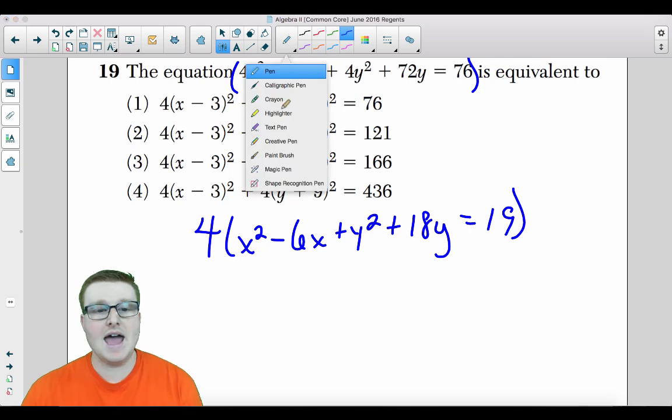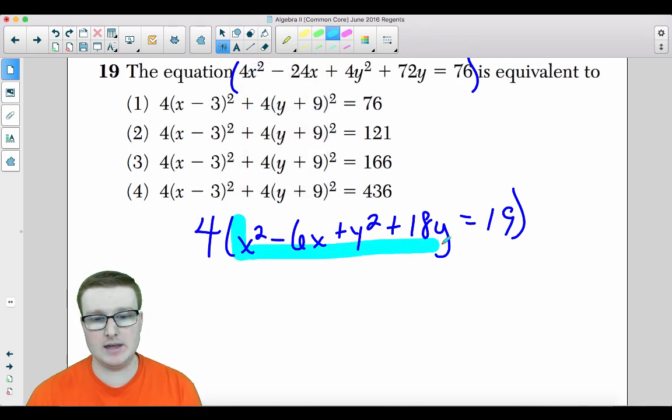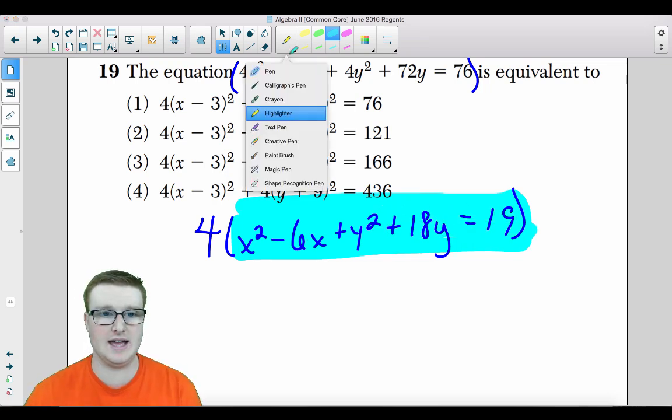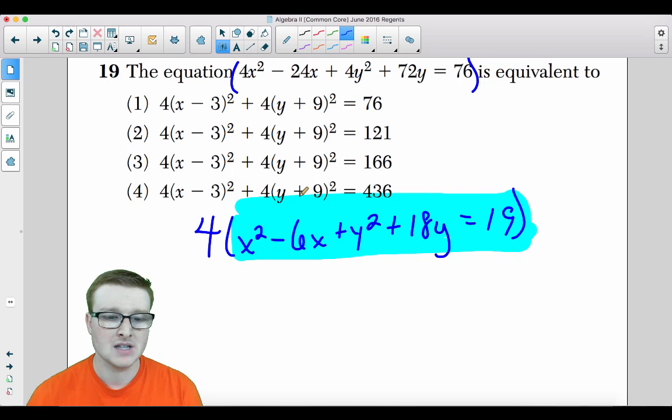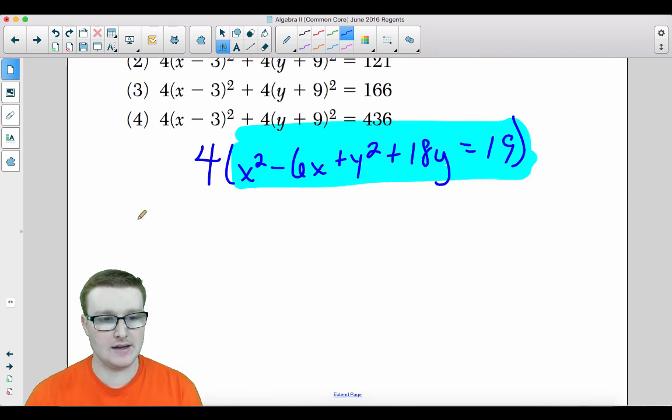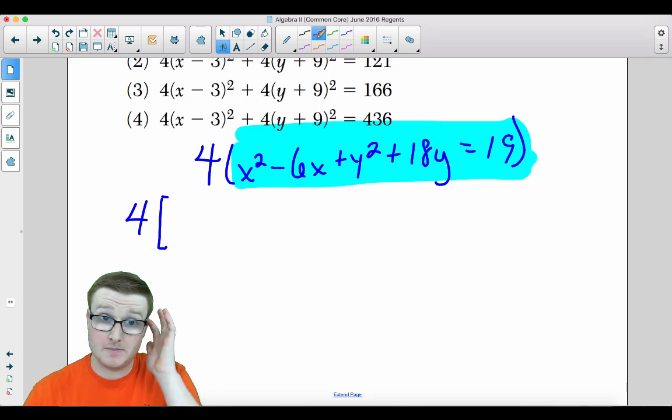Now, folks, we can complete the square. We know how to complete the square because we paid attention in geometry last year, I hope. So I'm going to put a bracket here because it's going to get very messy, and I'm going to use different colors.